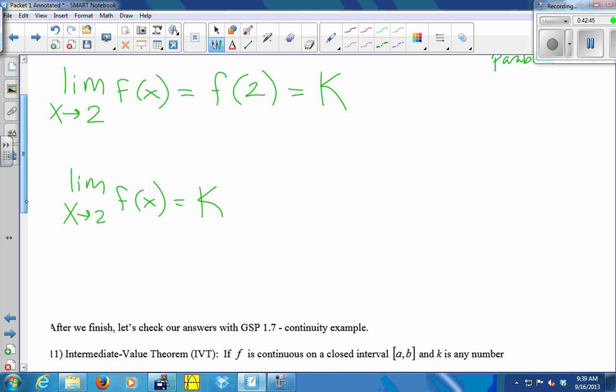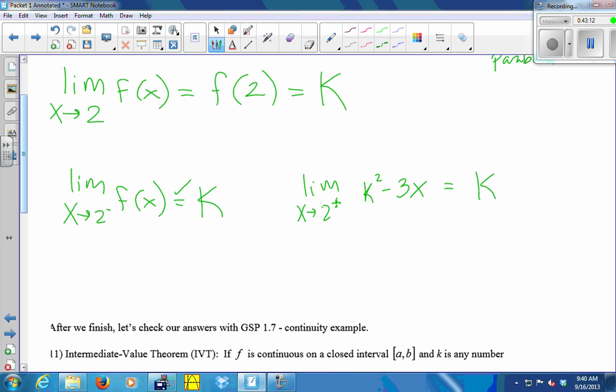Okay, so it needs to be from both sides, right? From the left, we know is fine. And I need to make sure that the limit as x approaches 2 from the right, which means using the formula k squared minus 3x, has to be k.